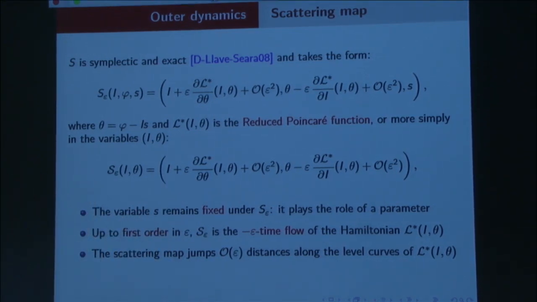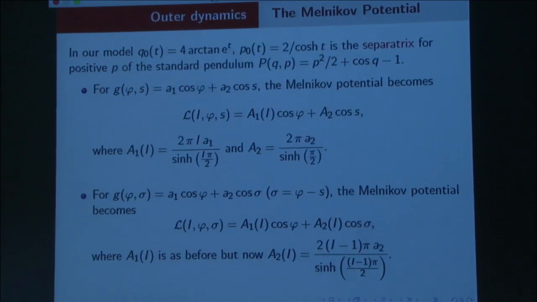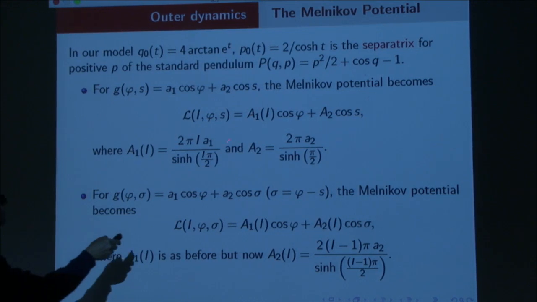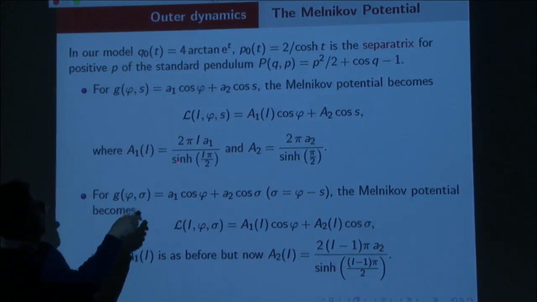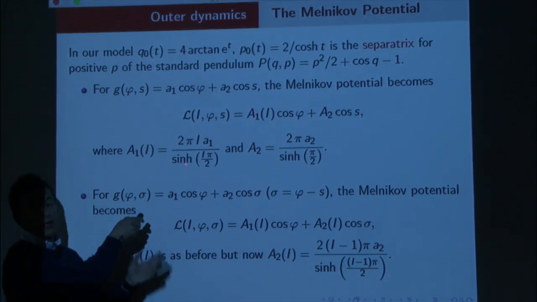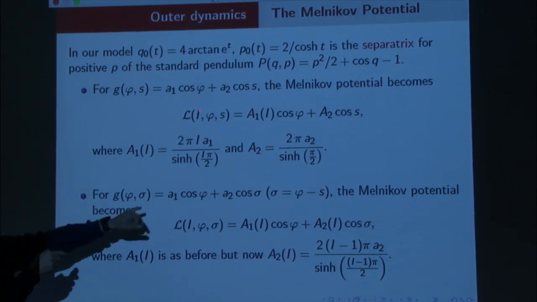But this L star is very related to the Melnikov potential that appears here, and the Melnikov potential you see here, for instance, in this case or in the other, this coefficient is exponentially small with respect to I. So if I is very big, this will be exponentially small.